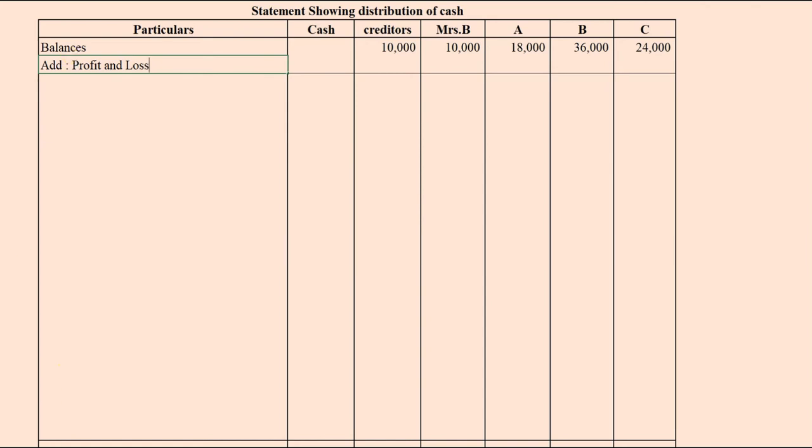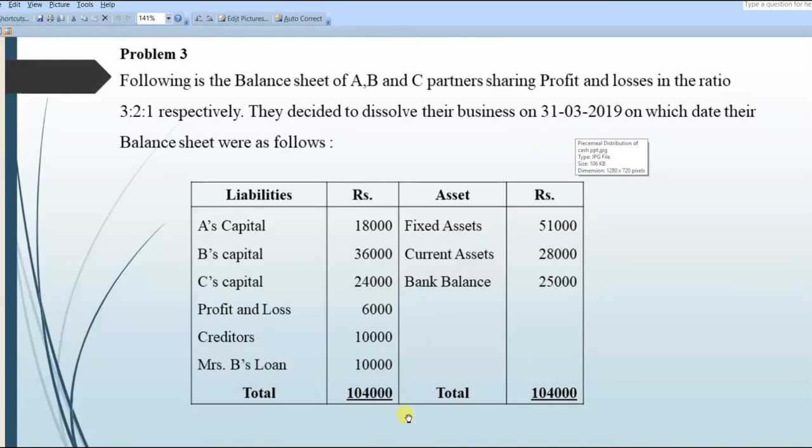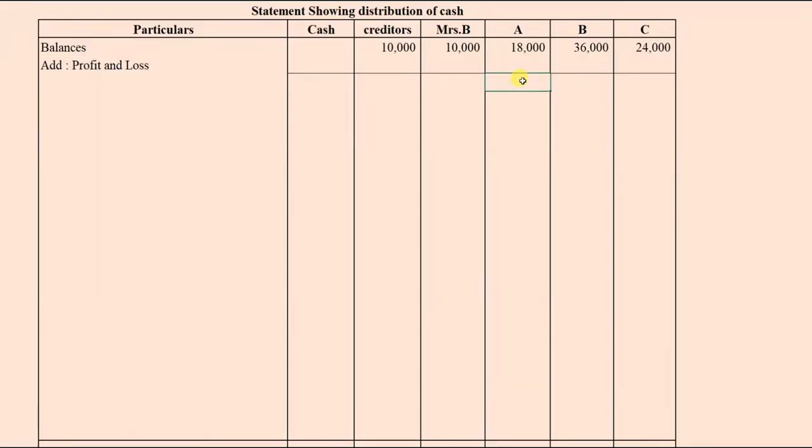So earlier we have distributed profit and loss to A 3,000, to B 2,000 and to C 1,000.